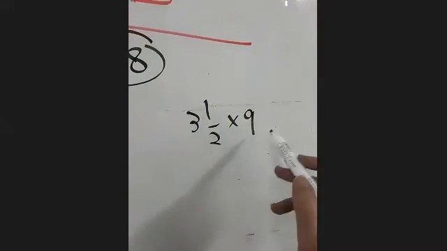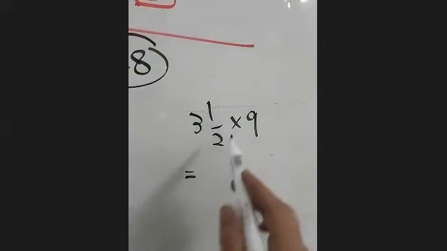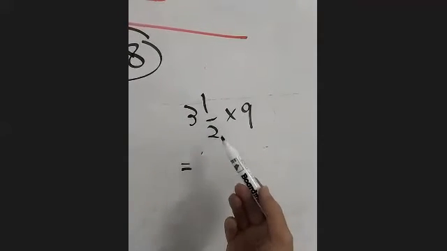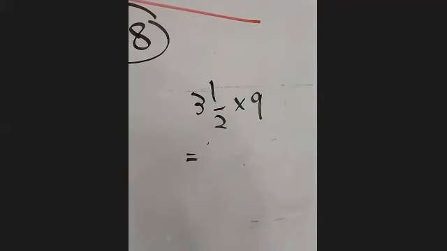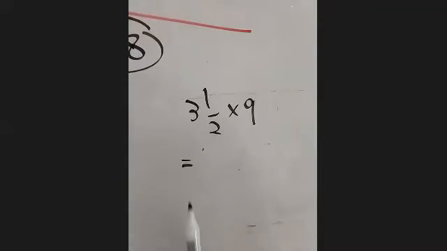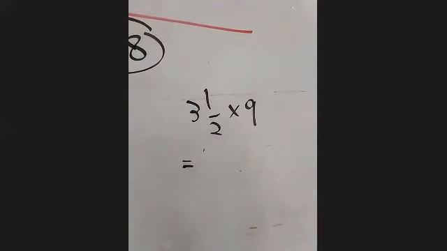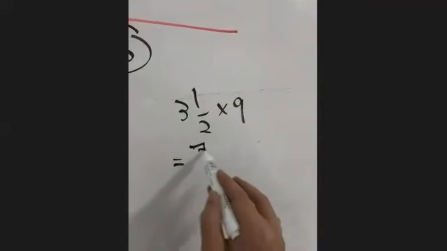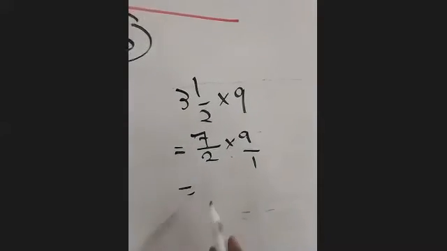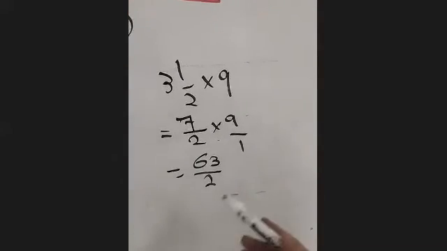Turn this to a fraction, then multiply. 2 multiplied by 3 is 6, plus 1 is 7. So 7 over 2 multiplied by 9 over 1. 7 times 9 is 63, divided by 2, so 63 over 2.